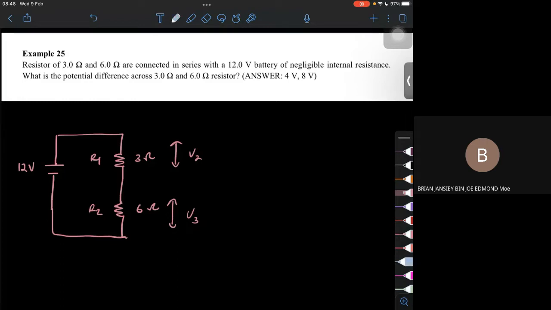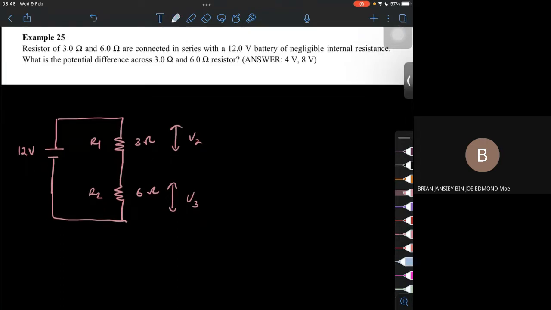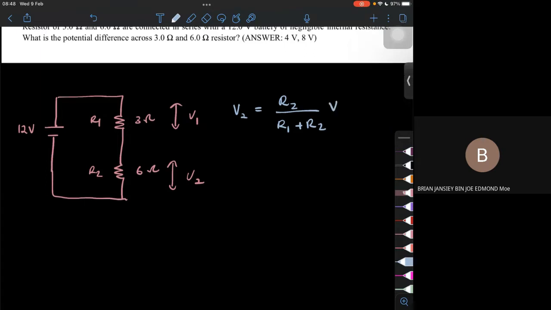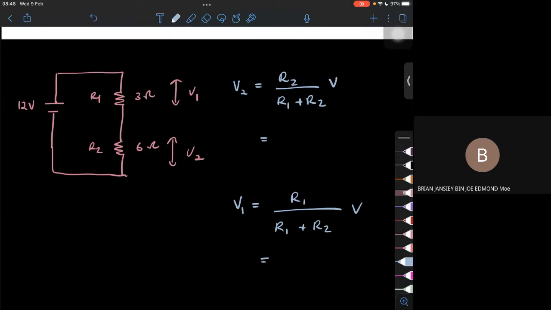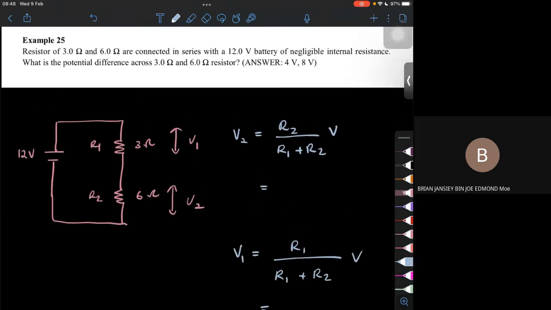Using the same method of potential divider, V2 will be equal to R2 divided by, sorry here, V1, V2, times with V. And then V1 akan sama dengan R1 divided by R1 plus R2 times V. Kamu akan dapatlah the value 6 divided by 3 plus 6 times with 12.